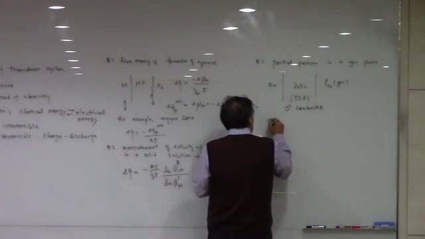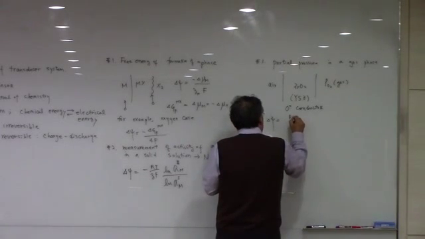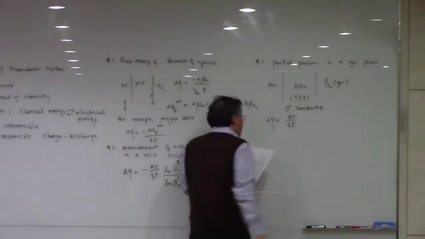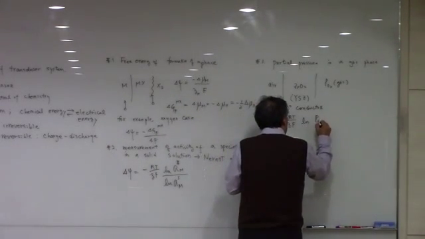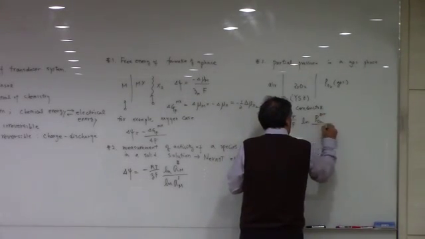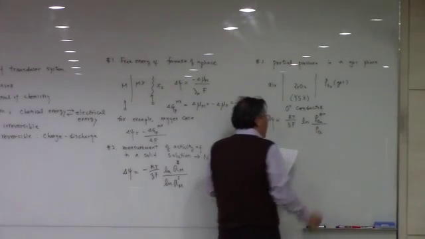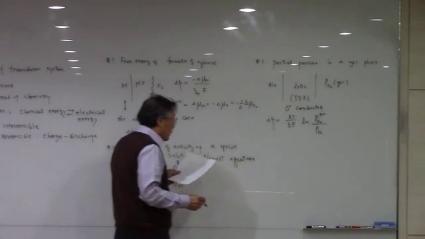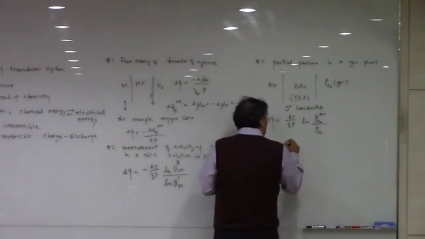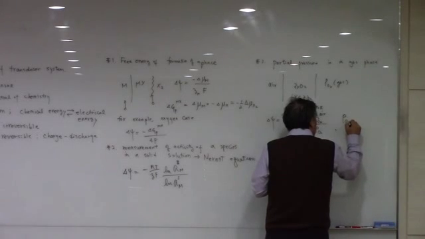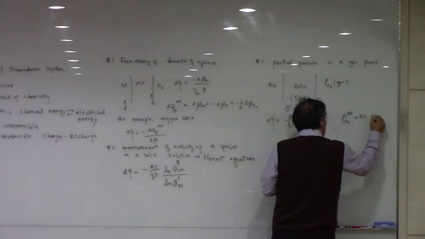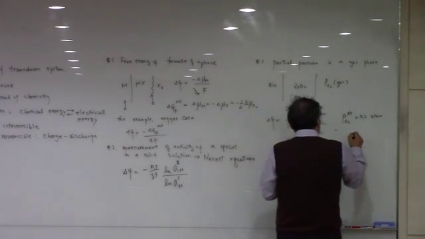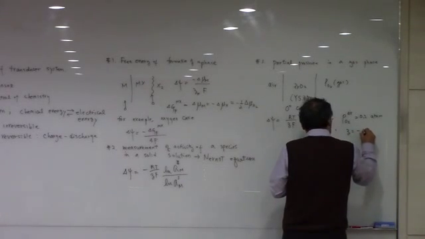If you set that, then the EMF, the voltage that we measure, is going to be related to the partial pressure of oxygen in air and the partial pressure of oxygen that we are interested in to measure. And the partial pressure of oxygen in air is about 0.2 atm, right? And Z is equal to 4.